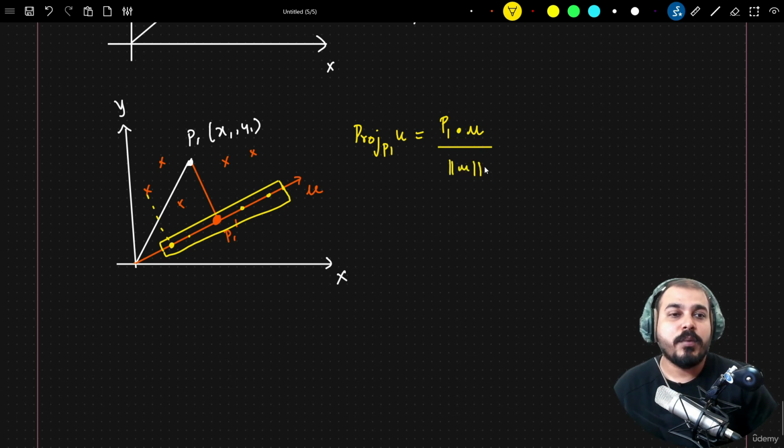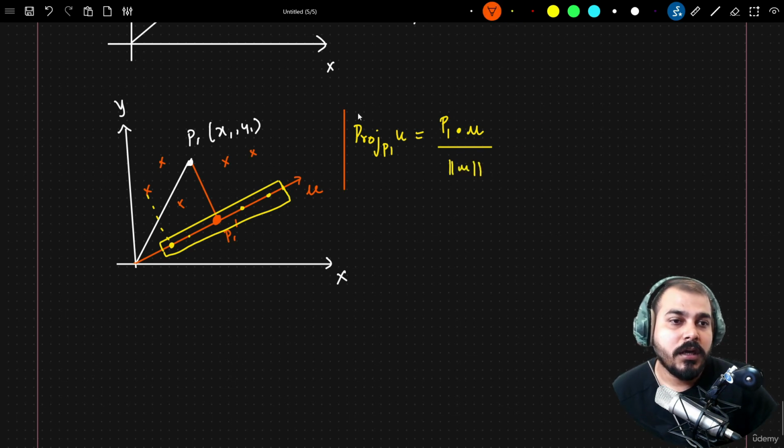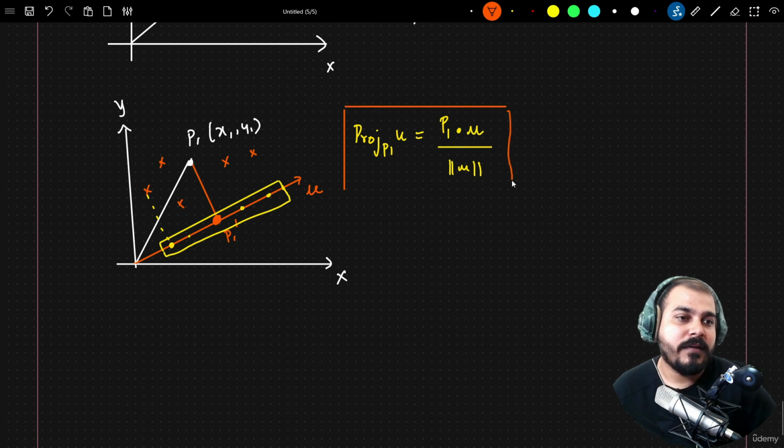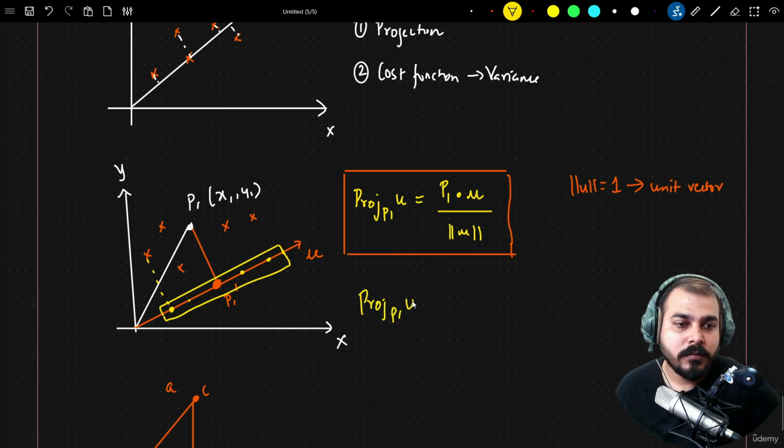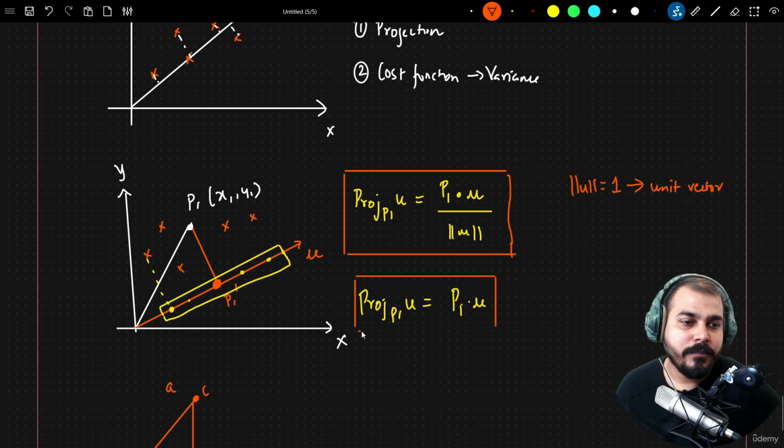Okay, so this is the equation that is basically used for the projection of a specific vector on a unit vector. And since the magnitude of u is equal to 1, because this is a unit vector, we can write the projection of P1 on u as nothing but the dot product of P1 and u.